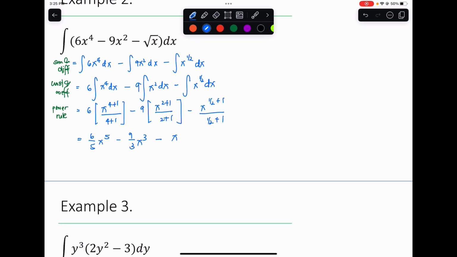In power rule, since we are always adding 1, the best way to find the answer is this formula. The numerator, we add it with the denominator, and then divide it with the denominator. So that's how we add for power rule.